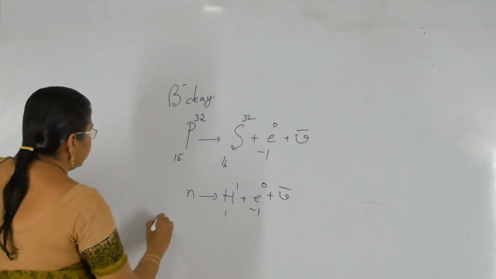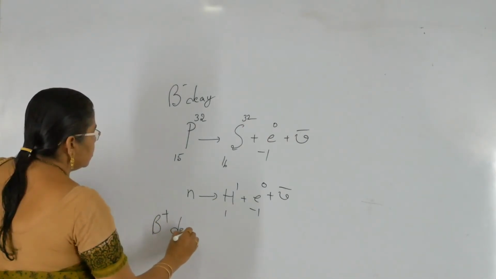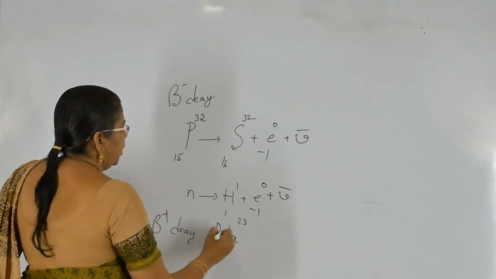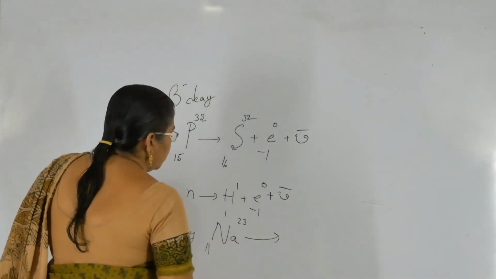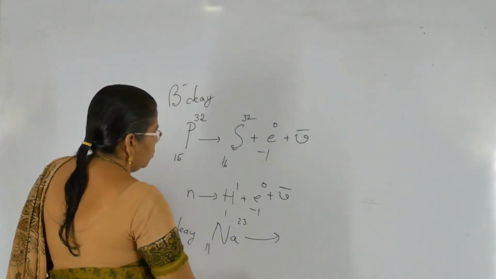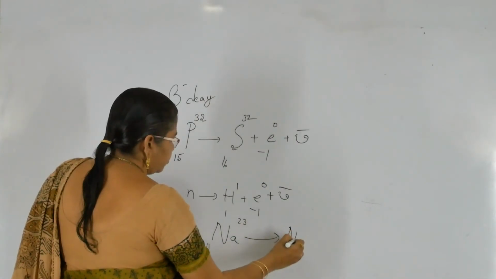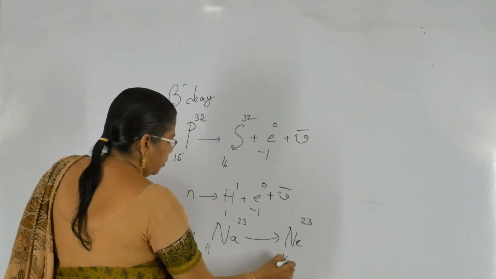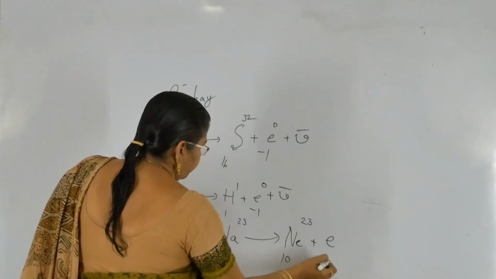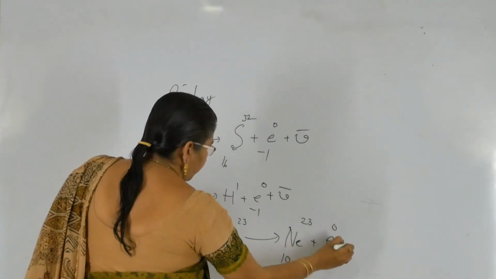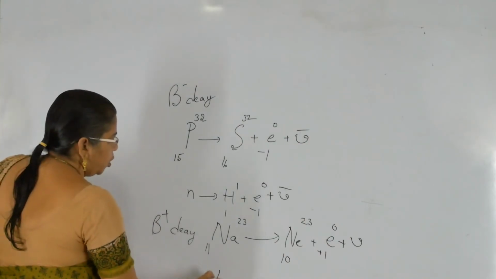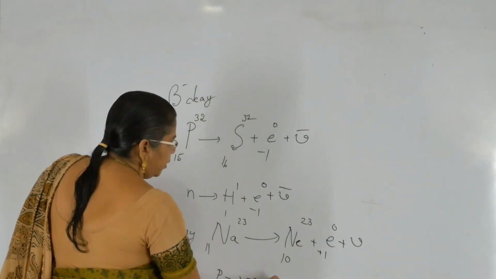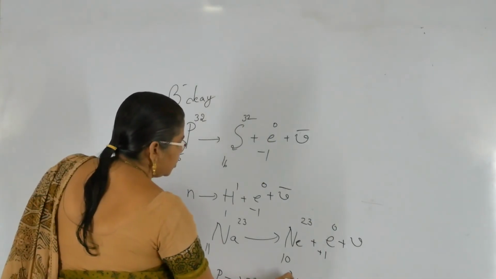Beta plus decay. Suppose I take sodium-23-11. In beta plus decay this gives neon-23-10 plus e-plus-1-0 plus a neutrino, because a proton is getting converted into a neutron plus a positron plus a neutrino.